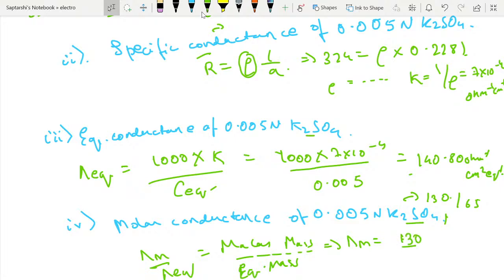As you can see, K was 2 plus, SO4 was 2 minus, so this will be 130 by 65 into lambda equivalent, which is 140.8. So that gives you 281.6 ohm inverse centimeter square mole inverse. So those are the things, so practice these things, and now we'll come to some other aspects as well.